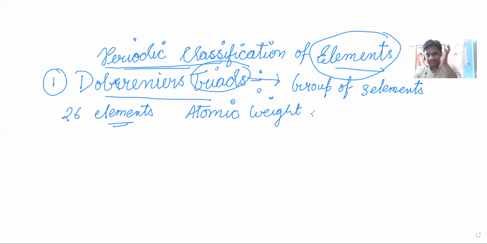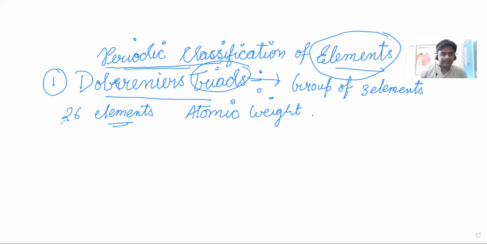Let's see with an example. All the triads he made have the same valency and generally the same properties. One is from the first group, the second is from the second group, and the third triad is from the halogens, the 17th group.